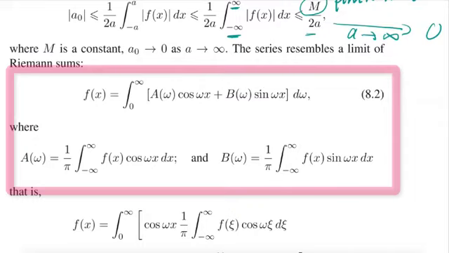Now, if the function f is even, then cosine is also an even function. So instead of an integral from minus to plus infinity, we can also write this as an integral from 0 to infinity, but then we get the same thing twice.